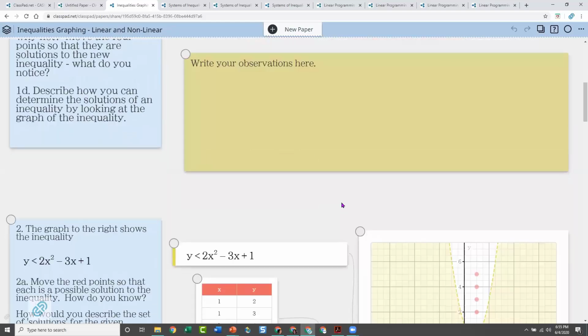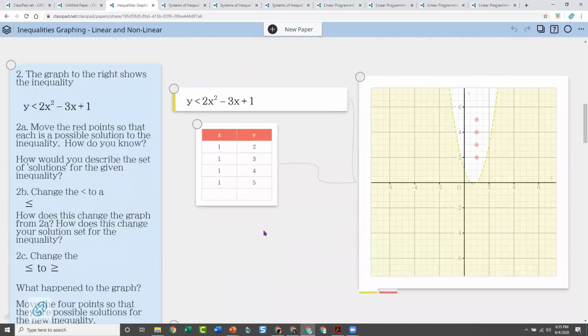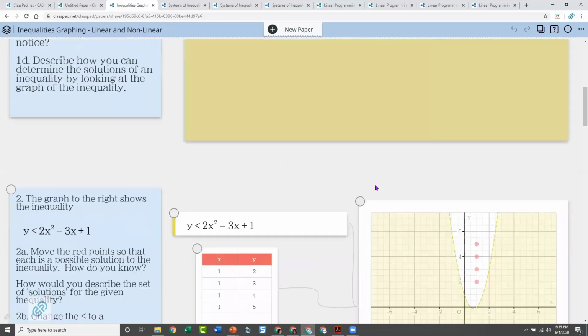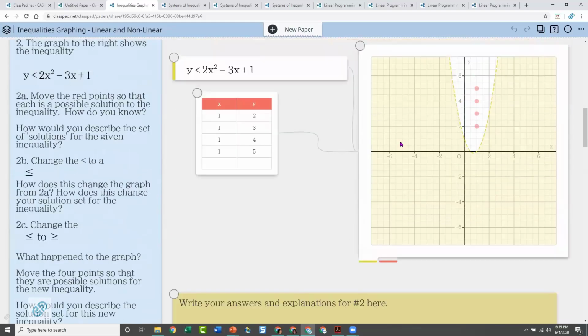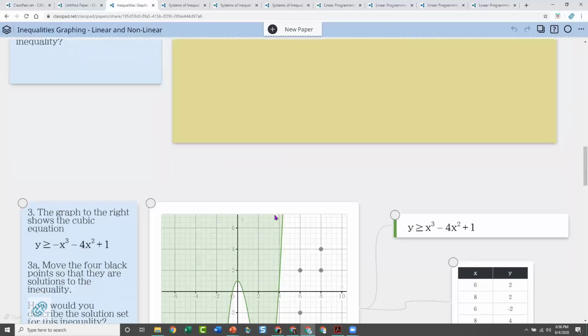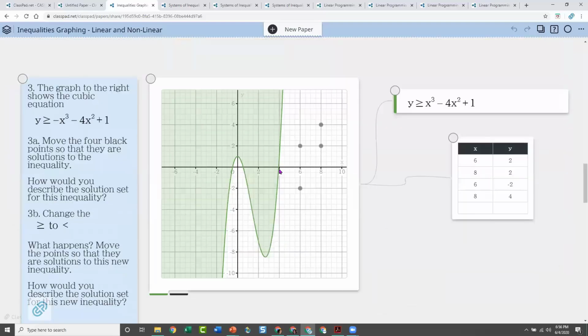So I want to show you that this activity goes into lots of different types of inequality. It's sort of the same, but now instead of a linear inequality, we have a quadratic inequality in a shaded region. They're going to go through the same process. Put the points where they're on a solution. What does it mean? Put them in the shaded area. What does that mean? They're going to be talking about that. And then as they scroll down, we're getting into cubic.